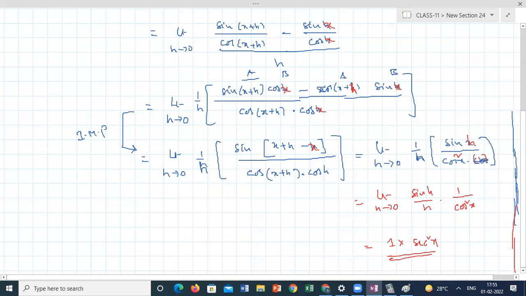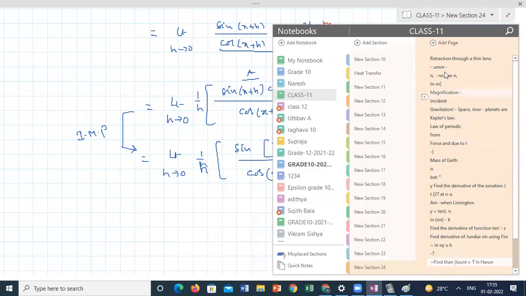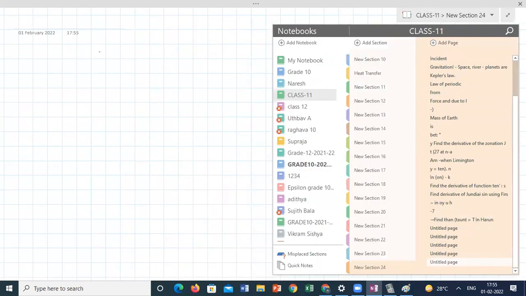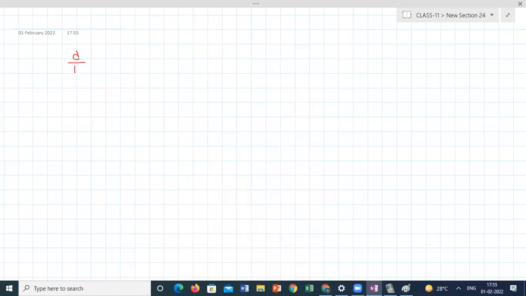So in the same way, anyone can try to prove d by dx of cosecant x is equal to minus cosecant x into cot x. This is my question. Or you can prove d by dx of secant x is equal to secant x into tan x.